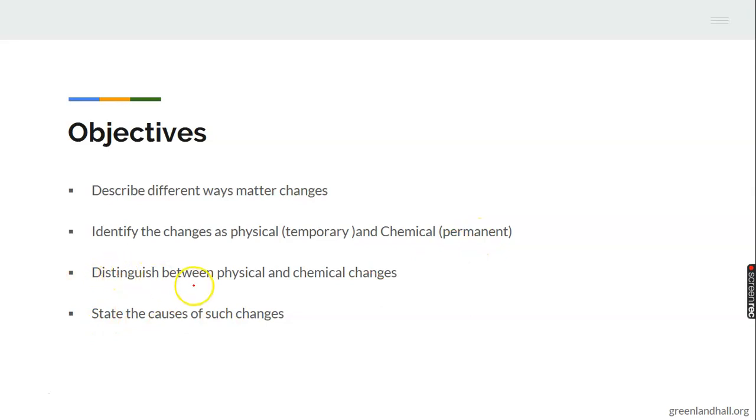We should be able to distinguish between the two, physical and chemical changes. And the last one is that we should be able to state the causes of such changes. What do you think can bring about that kind of change in matter?